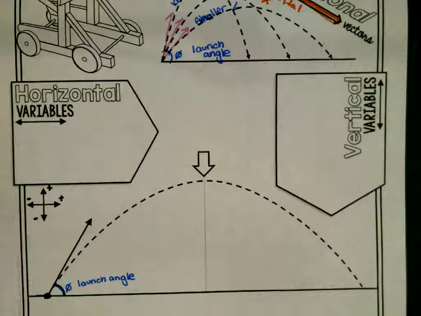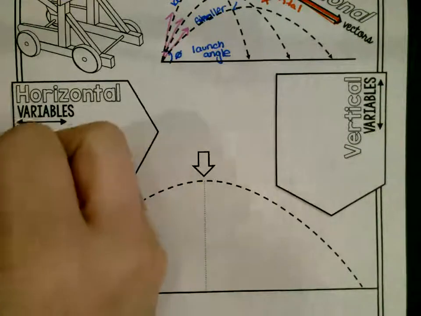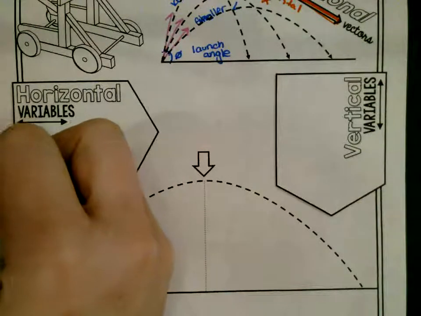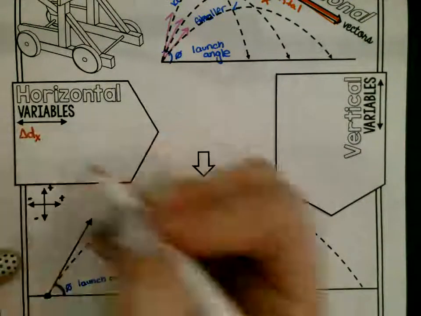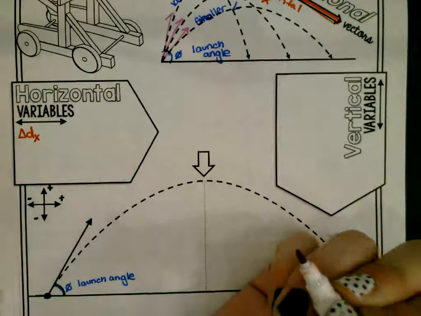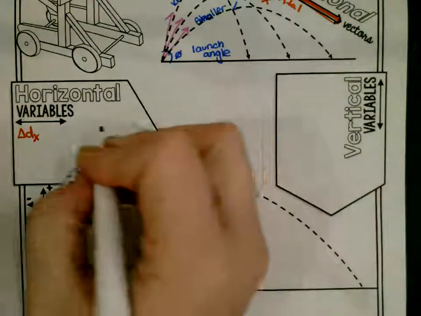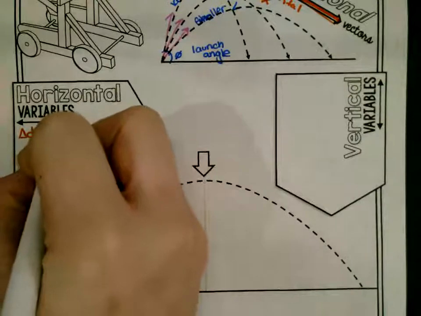All right, so we're going to start with the horizontal variables just because there's fewer horizontal variables than there are vertical variables. So the first horizontal variable we have is our displacement on the x-axis. Same variable we would see in kinematics. This is how far it moves.